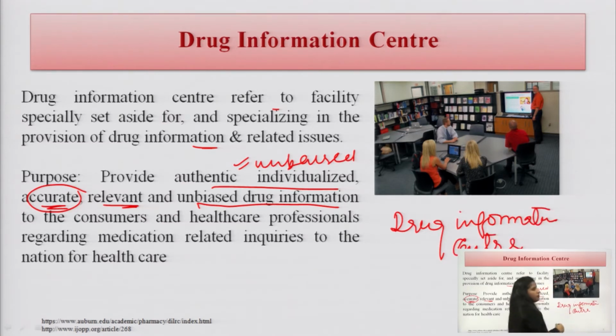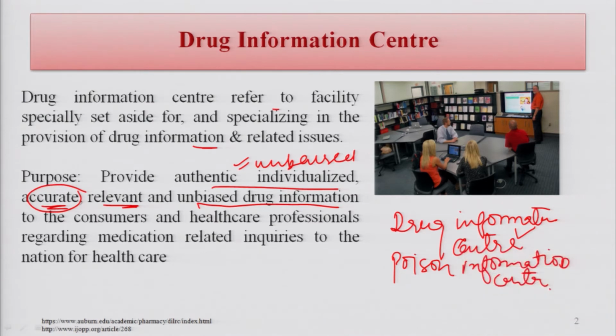Similarly, for poison related issues, there is a poison information center. We'll go through what these centers mean one by one. Now, the main purpose is to give unbiased, authentic information to the consumers.